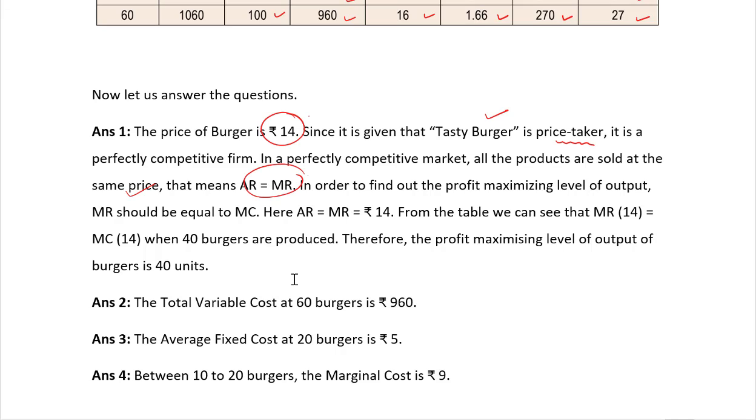It means AR equal to MR. In order to find the profit maximizing level of output, MR should be equal to MC. Here AR equal to MR equal to 14. From this table we can see that MR, that is 14, equals MC, that is 14, when 40 burgers are produced, and therefore the profit maximizing level of output of burgers is 40 units.